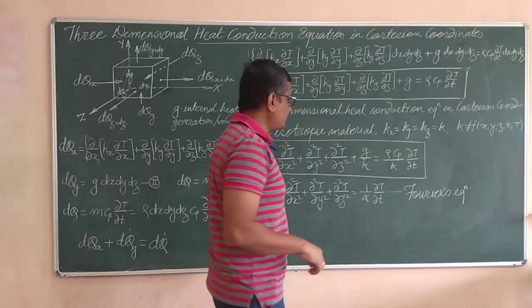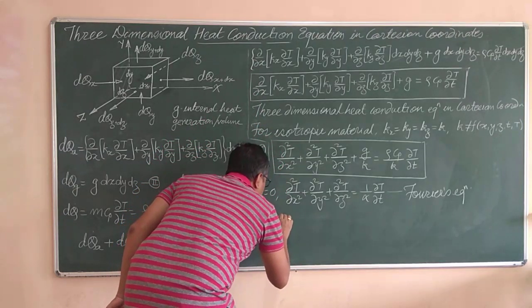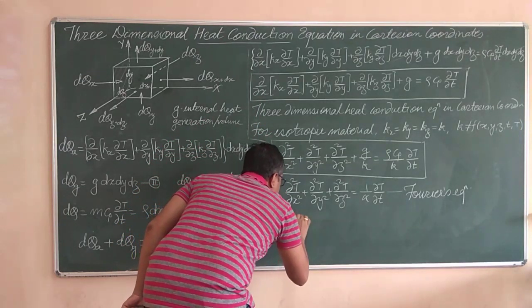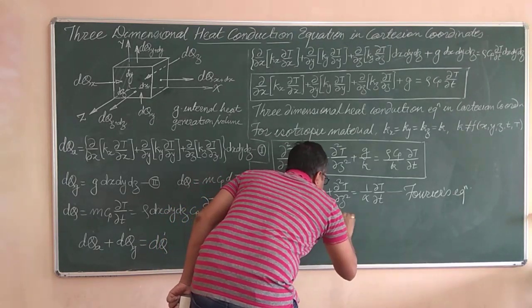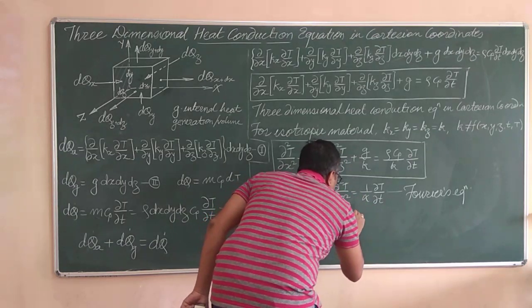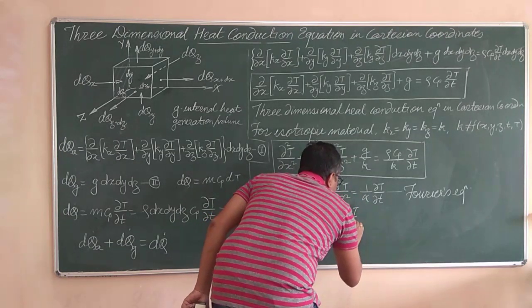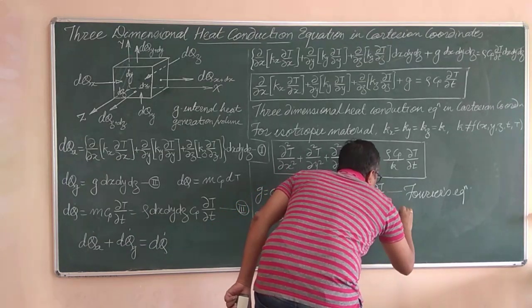Now if I keep that internal heat generation as it is, and if I make it steady state, what will I get? Steady state means ∂T/∂t will be 0, but g is not equal to 0.